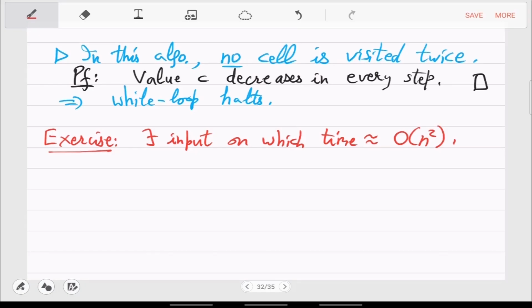So there is an input grid G which takes time order n square, and since our complexity is always worst case analysis, we'll consider this order n square. On most inputs, this algorithm will be faster than the full scan, but in the worst case it can be quadratic. So this is then no better than brute force.